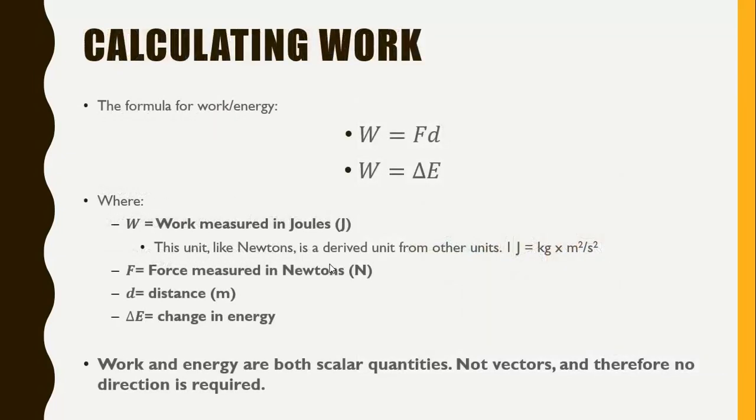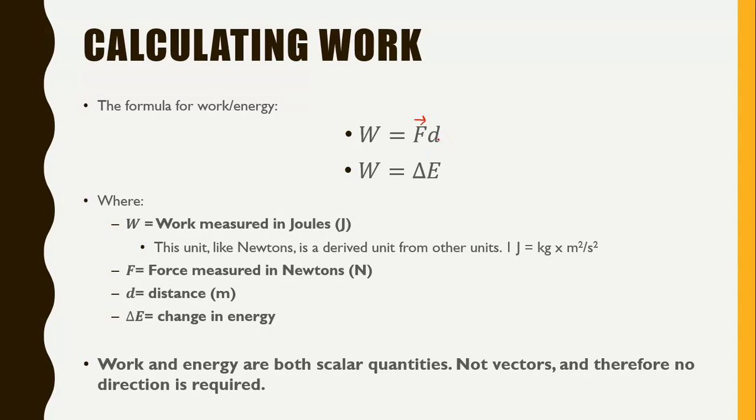So again, there is a formula for calculating the amount of work that's being done to an object. And the formula is W, work, is equal to F times D. Now, F is force. I'm not too picky with the vector symbol over acceleration and force because we know those are vectors.